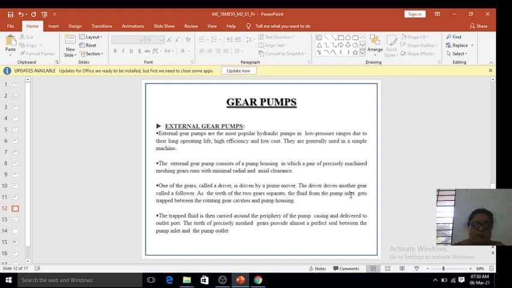The fluid so trapped is then carried around the periphery, delivering it to the outlet port. The teeth of the precisely meshed gears provide an almost perfect seal between the pump inlet and the pump outlet.